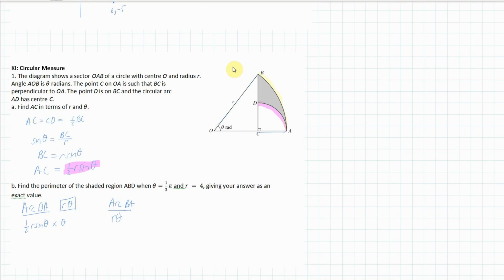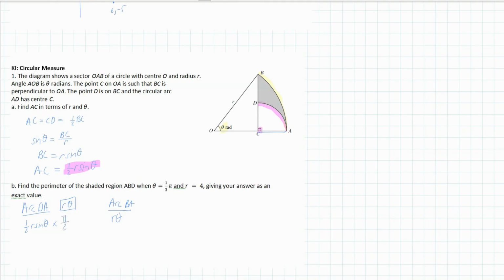Oh, whoops. Now that made me realize that I made a mistake in the previous one, because theta in the first one is not just the theta radians that we've got here, it's actually this pi over 2 that we've got here, so I'm just going to replace it with pi over 2.